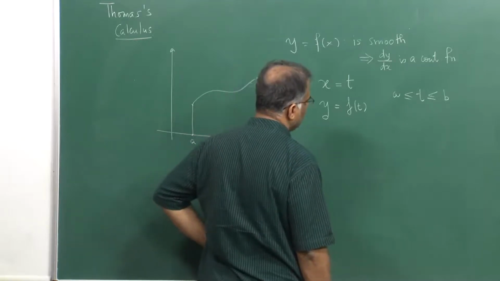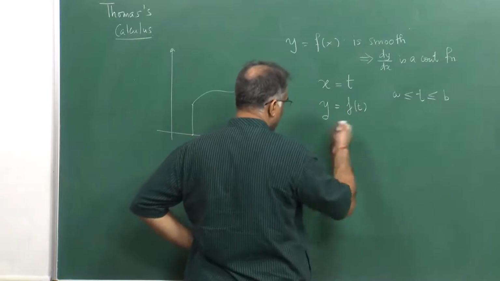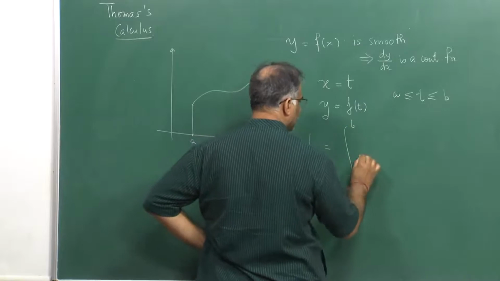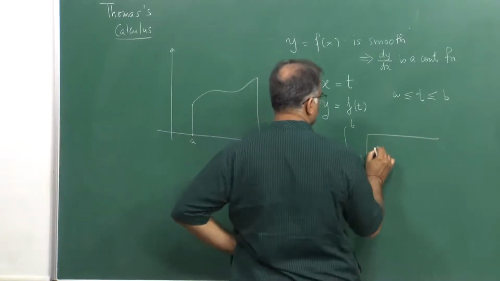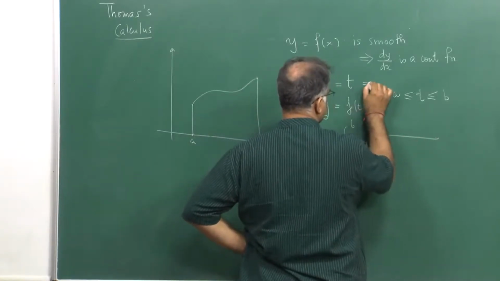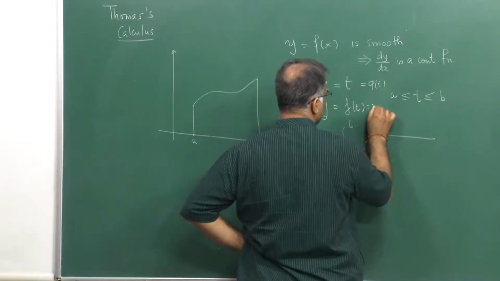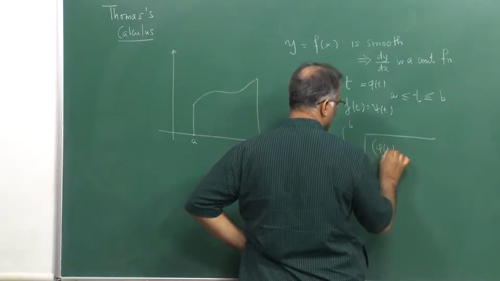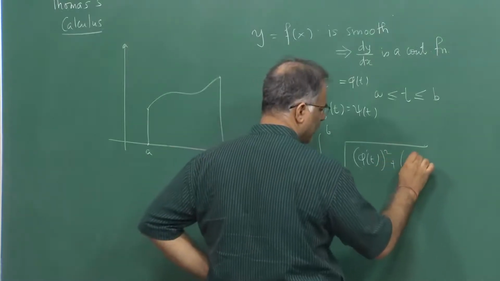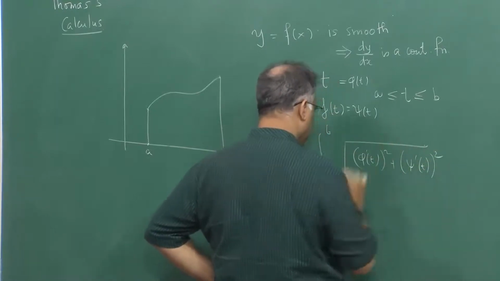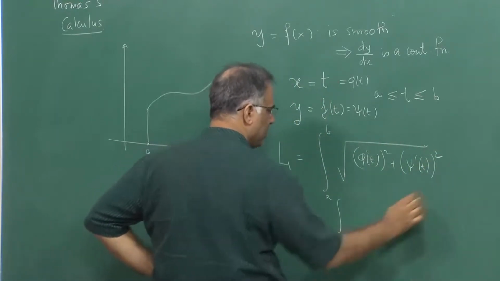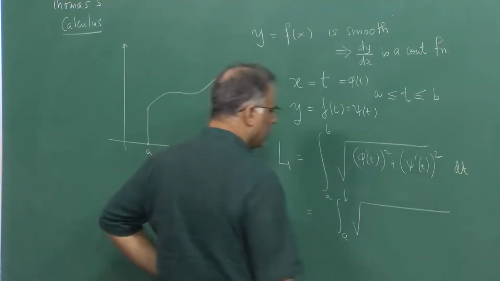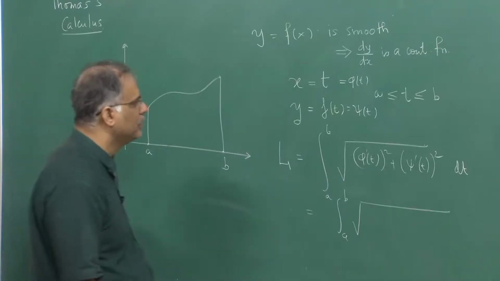The fact that we have now parameterized like this means my length is nothing but the integral from a to b of root over, say this is my phi t and this is my psi t, so I will have phi dash t whole square plus psi dash t whole square, dt. So, root over what is phi dash t?